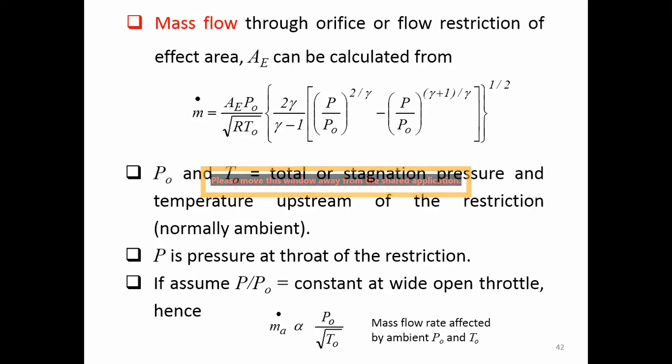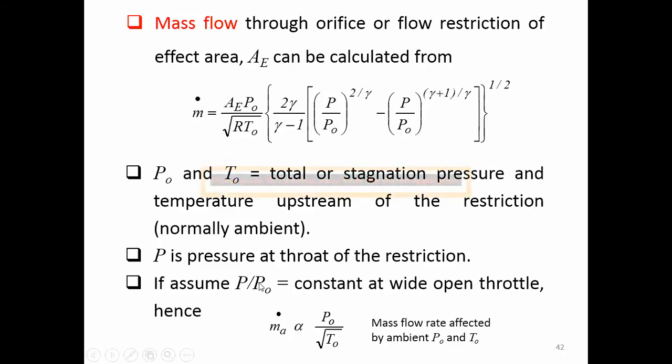So we have this P over P0 constant, because upstream is already constant, and at the throat it becomes constant because we do not throttle anything before it flows to the throat. We keep it wide open. Nothing changes above the throat. So P over P0 can be constant under this condition.